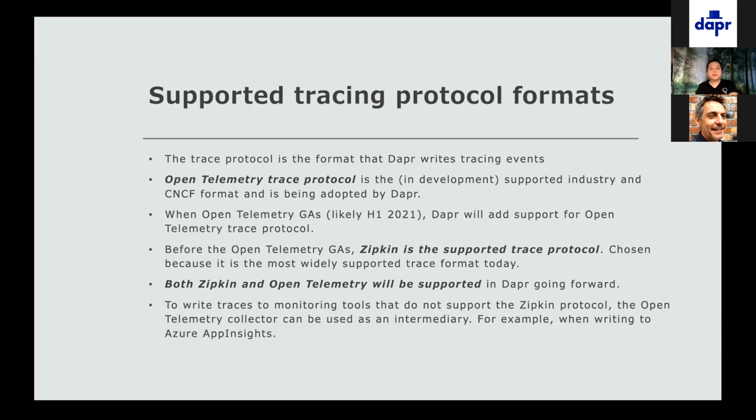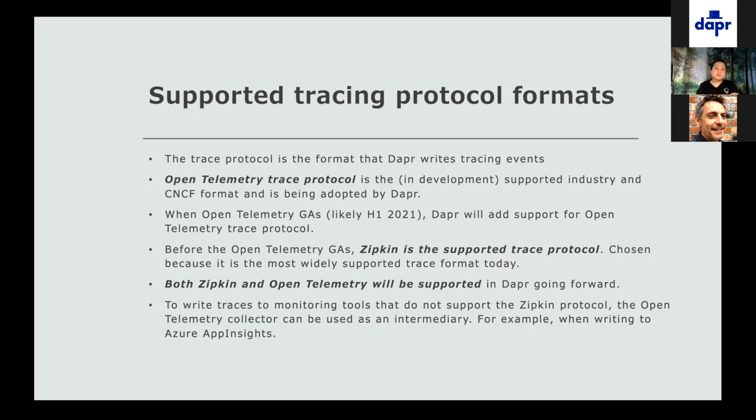It won't be GA until 2021, and so even though we want to support it, we won't do so until it is a GA protocol. Before doing so, we will use Zipkin as the interim standard that we support in Dapr. The reason why we chose Zipkin is because it is the most widely supported trace format today.